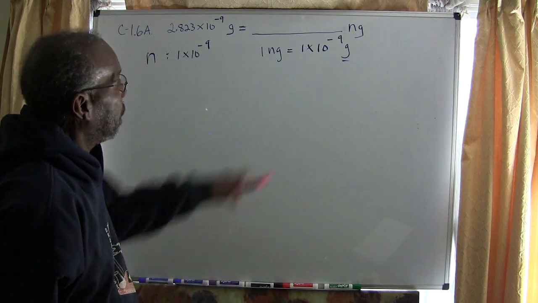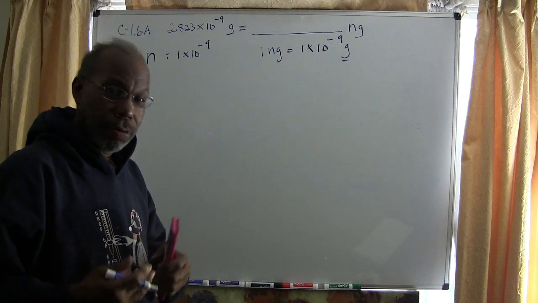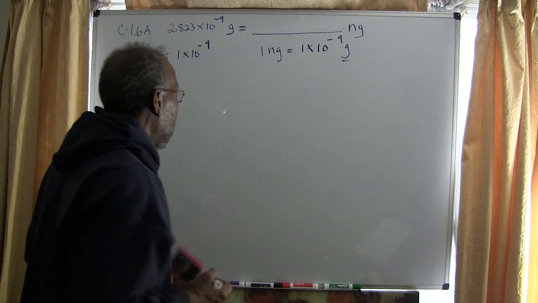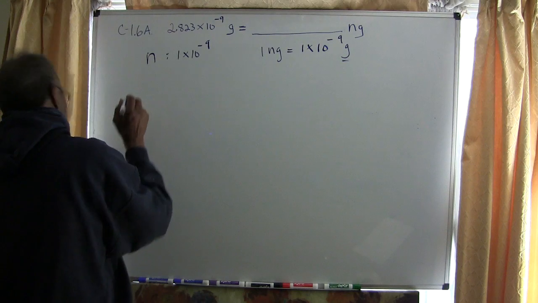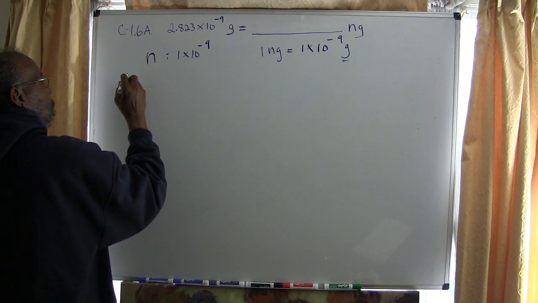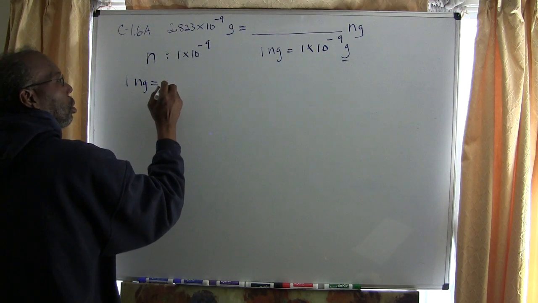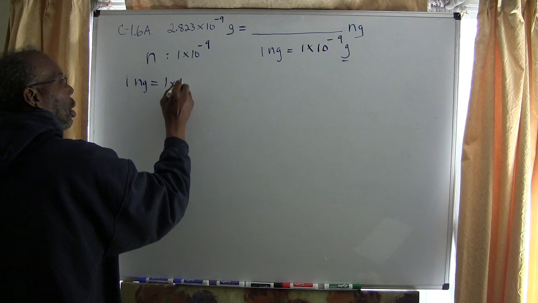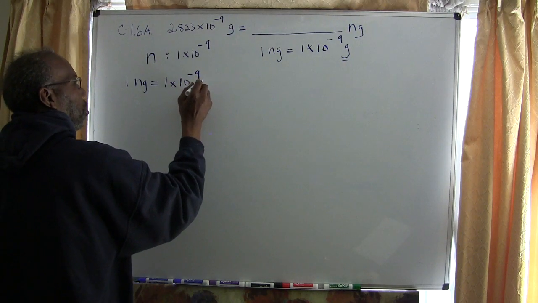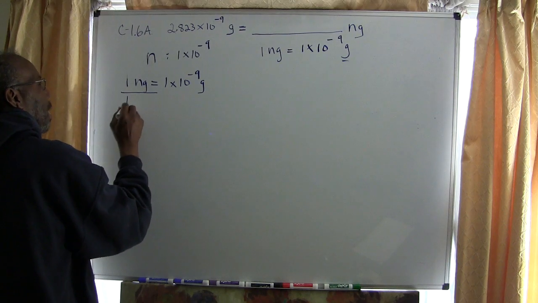So with this equality, we can generate two conversion factors. Allow me to repeat this equality: 1 nanogram is equal to 1 times 10 to the minus 9 grams. Then we can divide both sides by 1 nanogram.